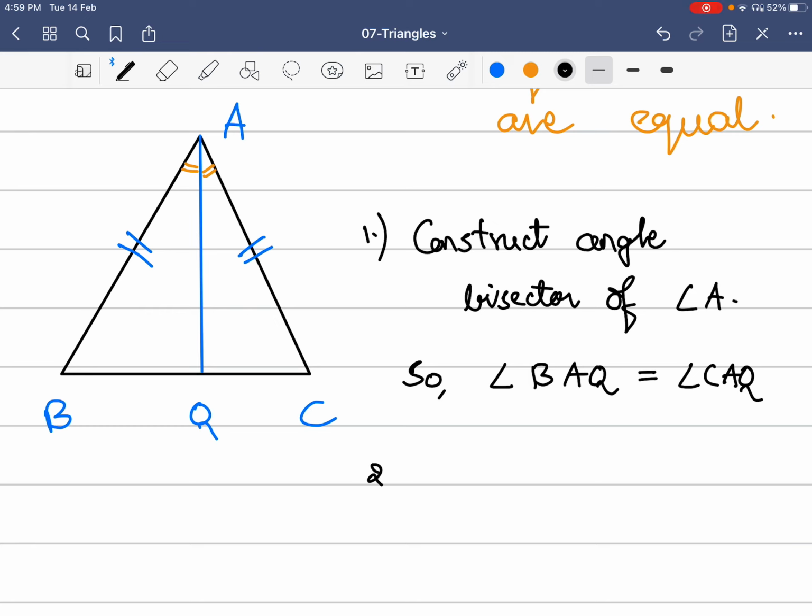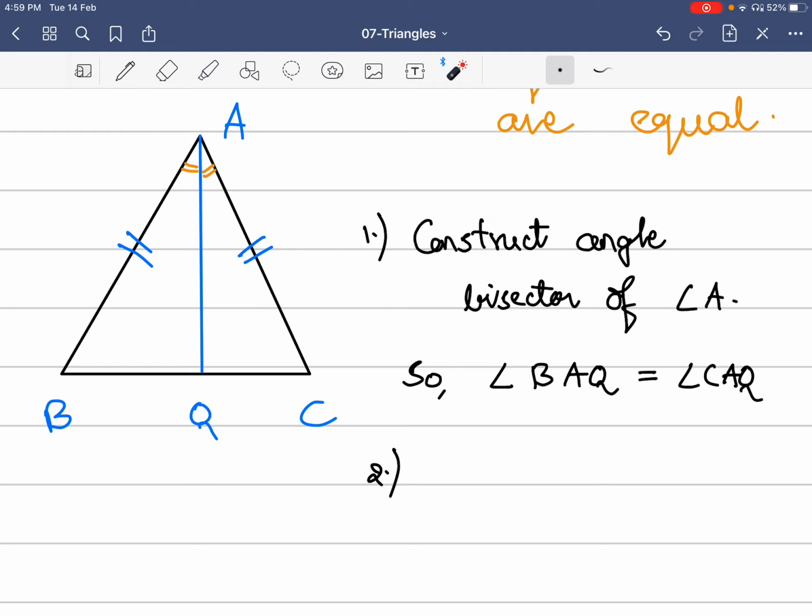Now point number 2. Focus on triangle ABQ and triangle ACQ. In these two triangles, we have this side equal to this side, we have this angle equal to this angle, and we have the side AQ, which is common to both triangles.